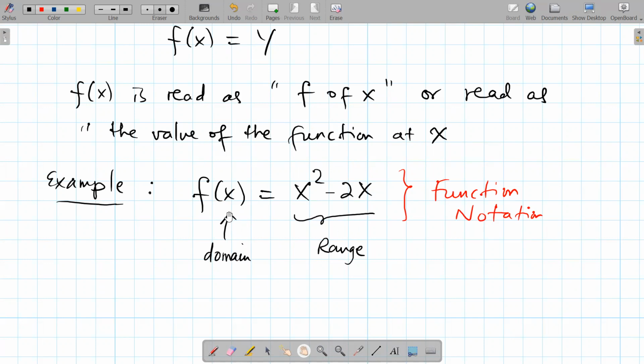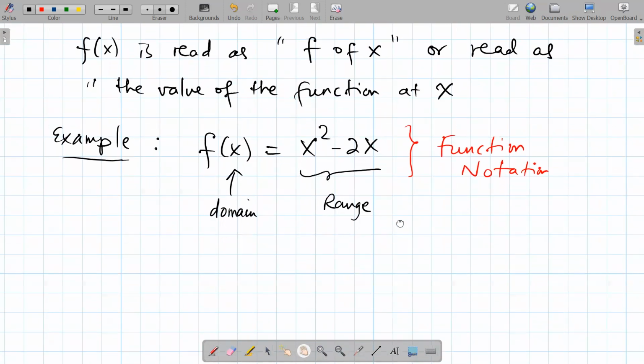So what that means is that if I knew the value of x, which is going to be my input, I should be able to find the value of my output just by plugging it in. That is exactly what a function notation is all about.